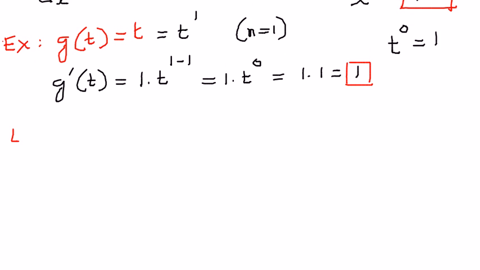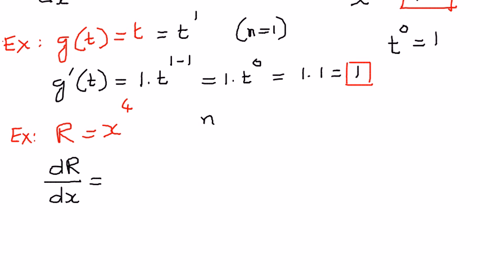So in this example, if r is equal to x to the power of 4, we want to find the derivative of this function. So dr, we are differentiating this function with respect to x. When we apply the power rule, we're going to write it out as nx to the power of n minus 1.